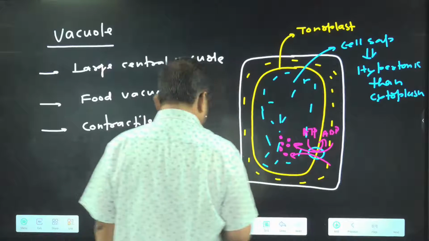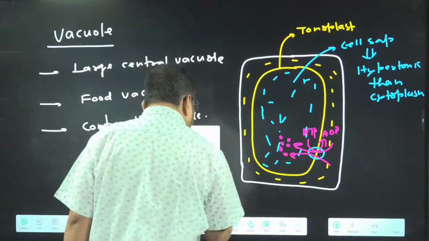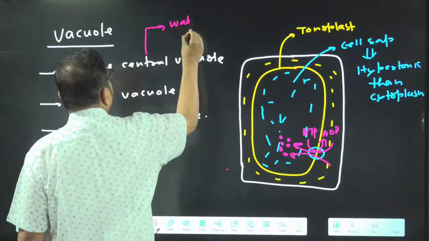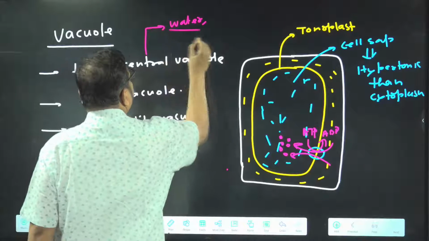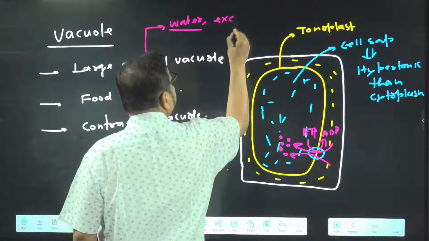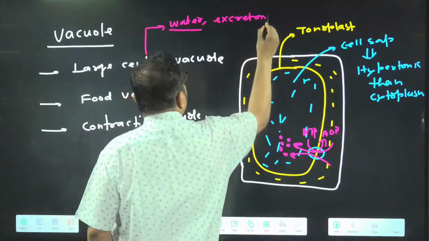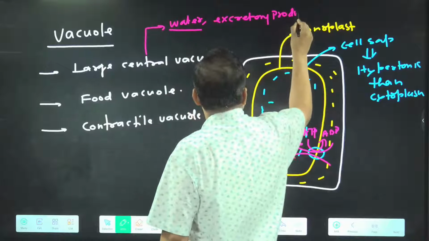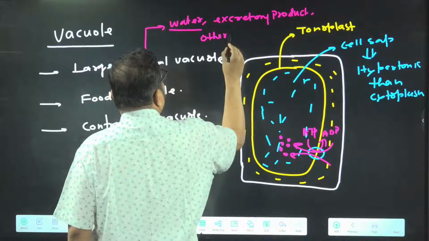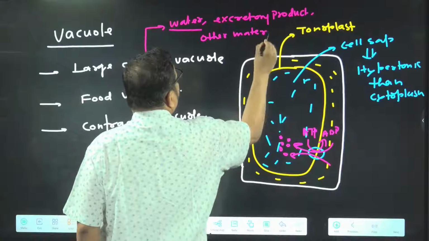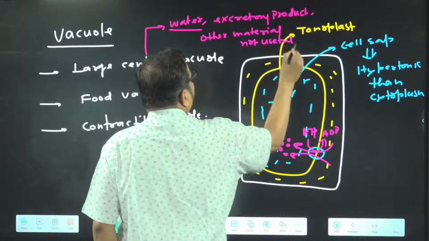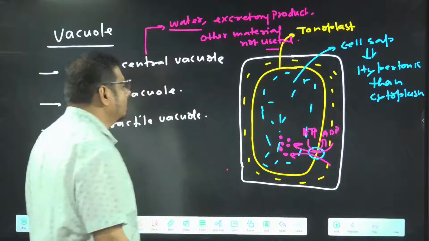Many solutes are transported actively, and that is the reason the solute concentration inside the cell sap increases, and it is hypertonic to the cytoplasm. What is present in the large central vacuole? Water is present, excessive water. Excretory products are present, and other material not useful for the plant is also present in the vacuole.